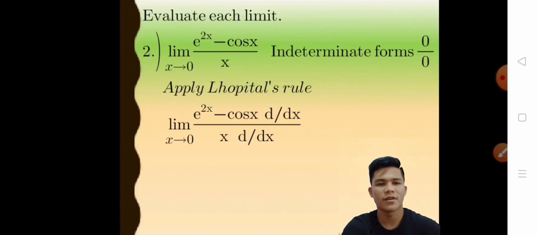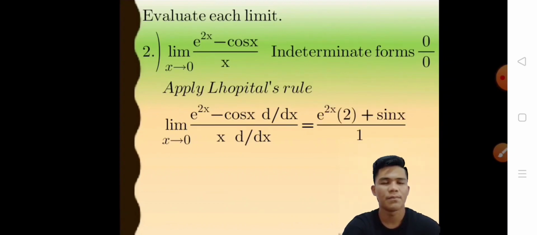So the derivative of e to the power of 2x minus cosine x is e to the power of 2x times 2 plus the derivative of negative cosine x, so we have positive sine x, and the derivative of x is 1.